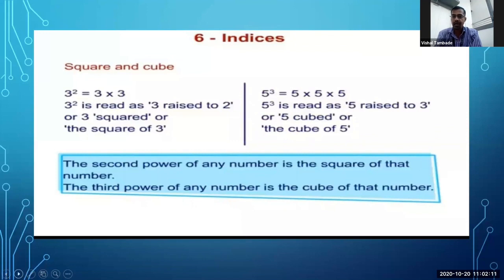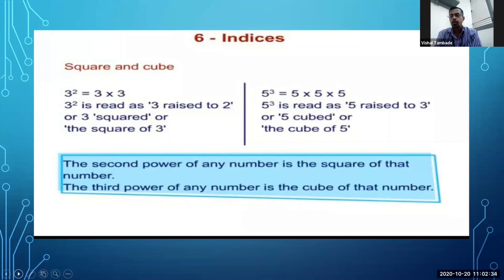Firstly, we read 3 raised to 2, and also read 3 squared, or the square of 3. Means if the power is 2, then you read it like that.